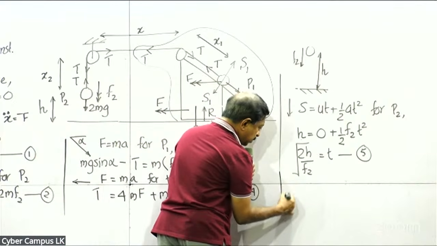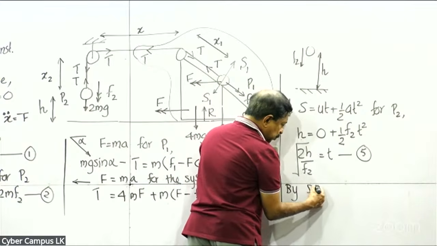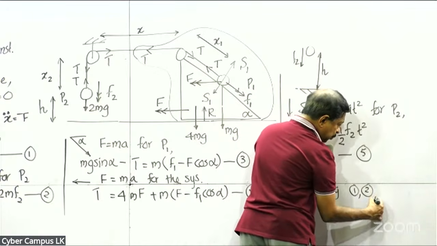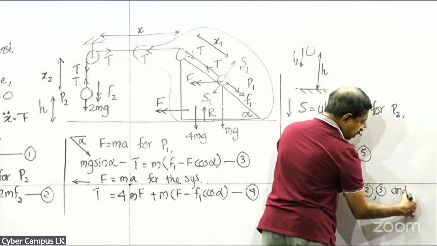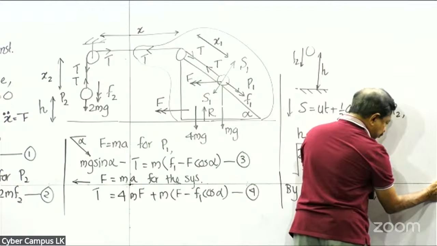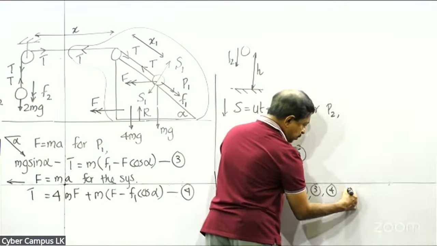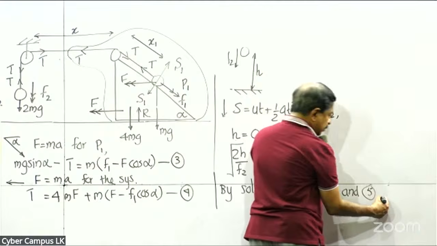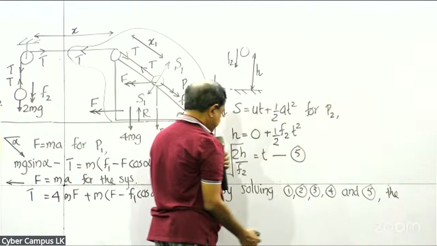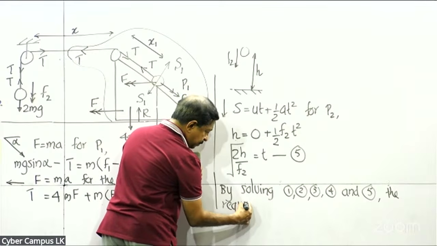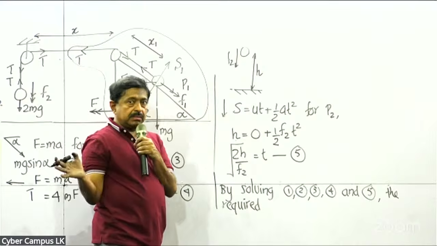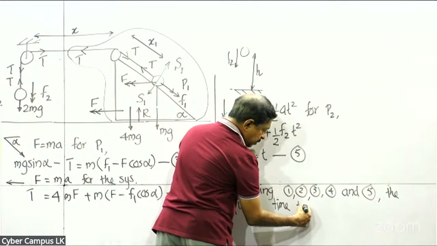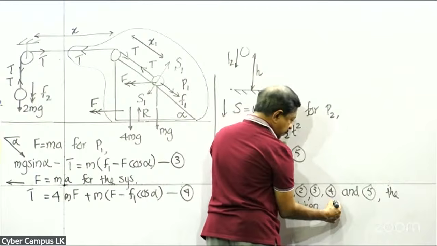That means you have to include a statement like this: by solving 4 and 5, sorry, wrong, by solving 1, 2, 3, and 4, and then 5, the required time taken can be found.